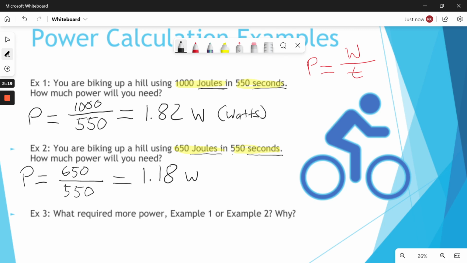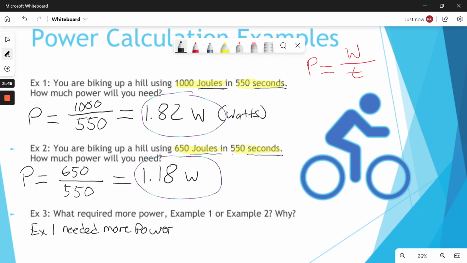So now example 3 is asking us to compare what required more power, example 1 or example 2. Well, if we look at our answers, example 1 was 1.82, and example number 2 was 1.18. So that would be example 1 required more. Okay, so what was different about example 1?